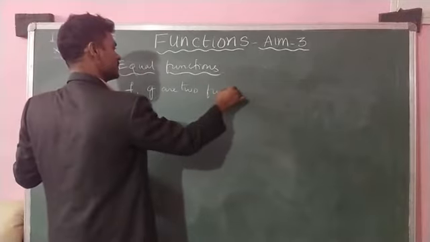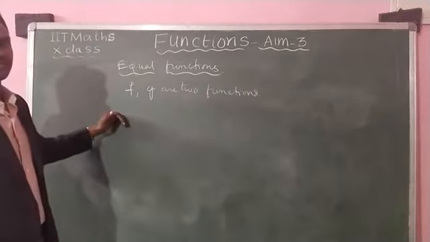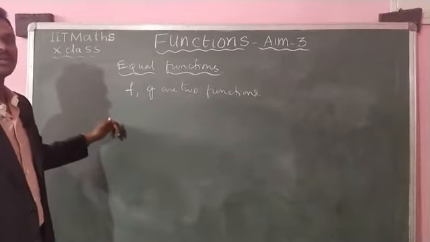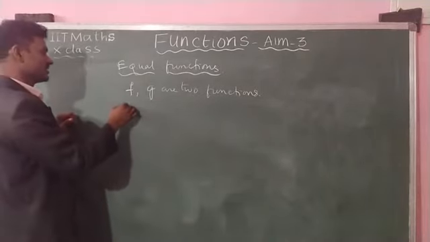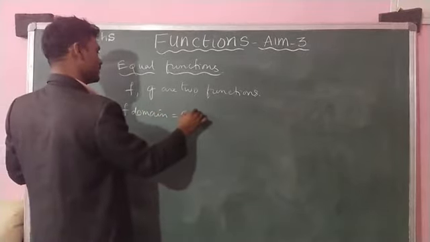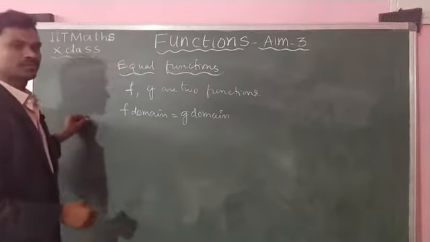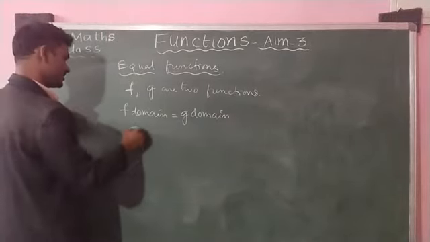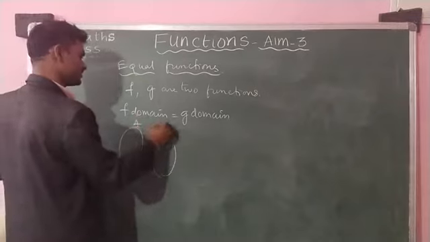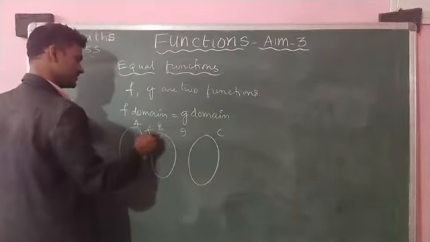Two functions are said to be equal functions means their domains are equal. Both functions: f domain is equal to g domain. You can take one composite function. Here this is A, this is B, and this is C. Now this is F, this is G.